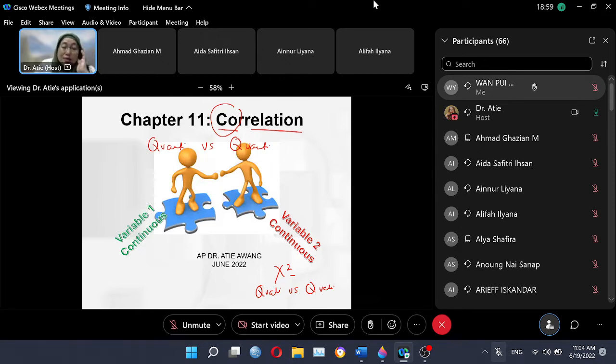So for example, I would like to find the relationship between age and salary. Or another example is IQ and test score, right? Both of them are quantitative, salary is also quantitative.